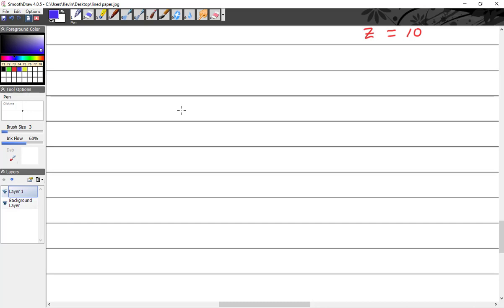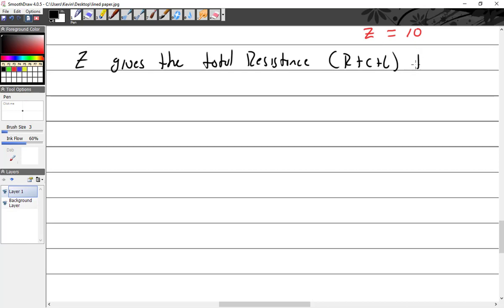Everybody with me so far? So Z, impedance, gives the total resistance R plus C plus L to current flow. All right.